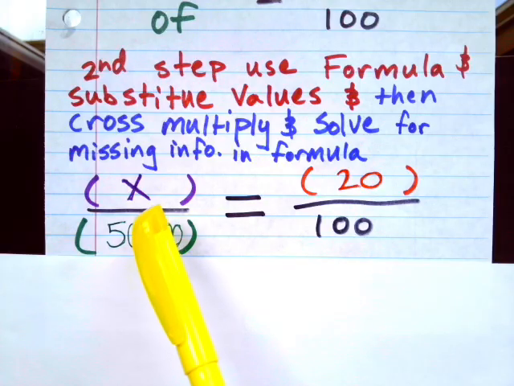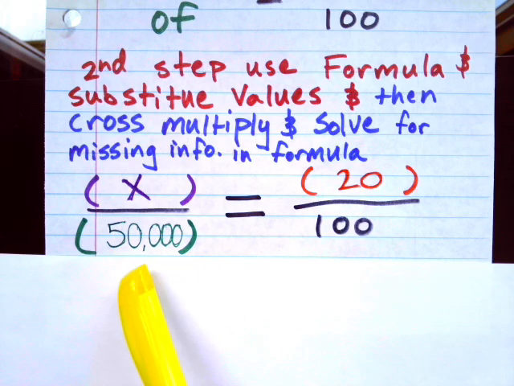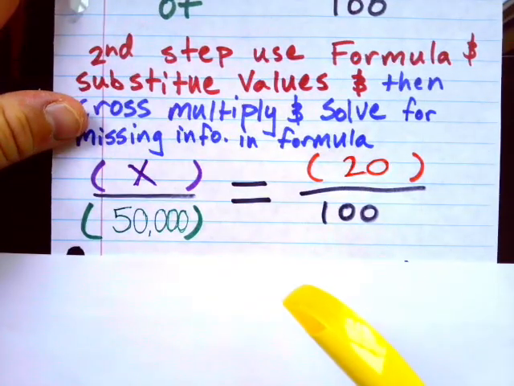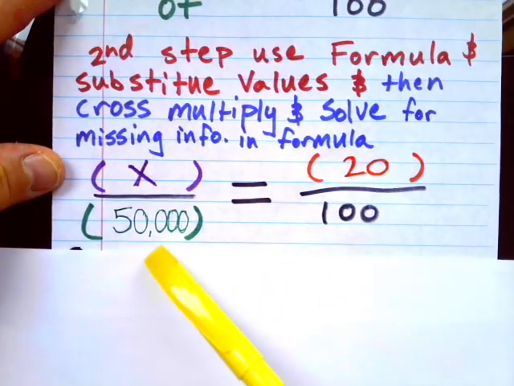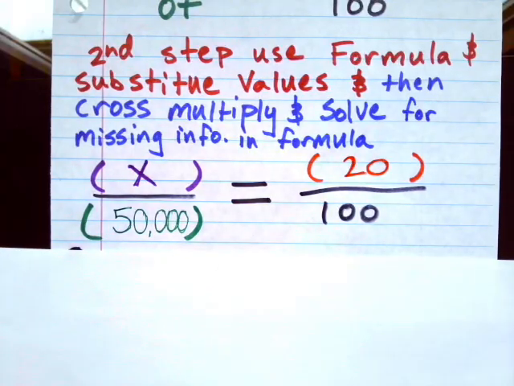I don't know what the is is in that question. What is 20% of $50,000? So is my unknown variable. Here we're going to perform that cross product. I'm going to multiply 1x times 100, and 50,000 times 20, separating them with that equal sign.